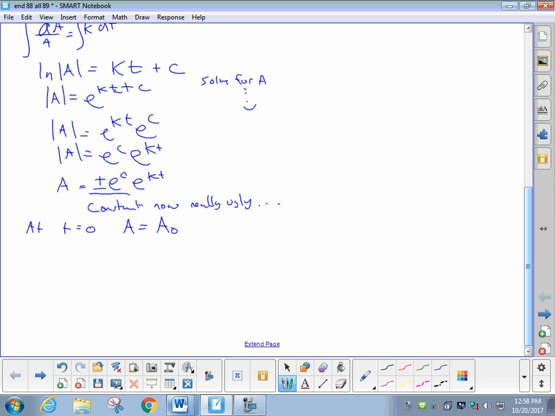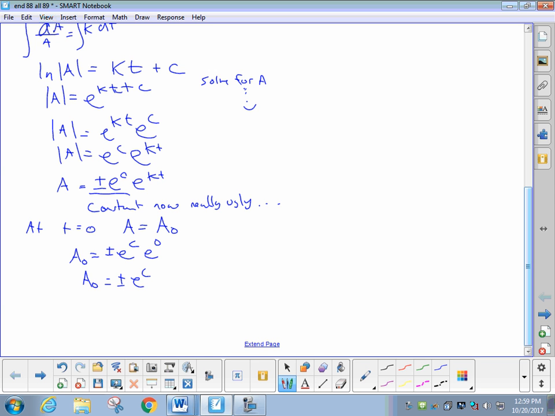If I plug in for A, A initial, plus or minus e to the c, that big mess is just going to stay there. And e to the kt is now going to be e to the 0, which will be 1. Now that would mean that plus or minus e to the c is just A initial.